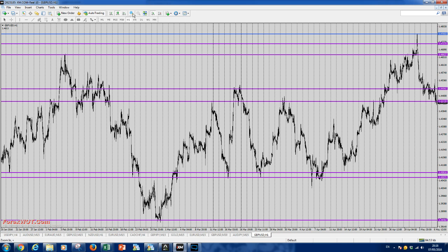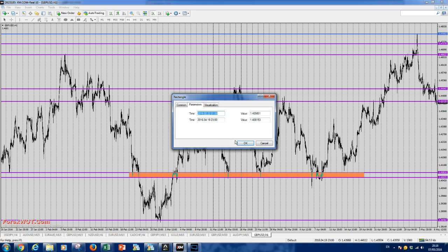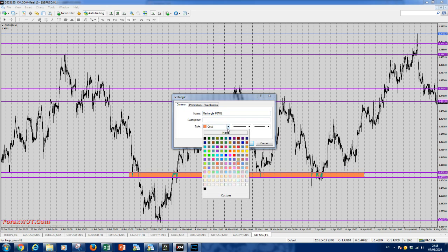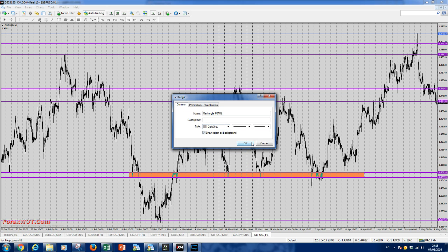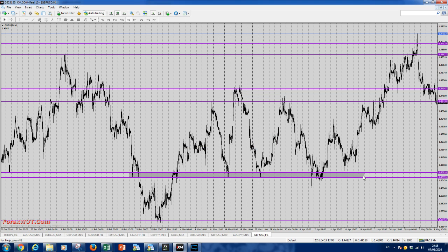Looking at the charts, immediately I can see that this zone here, which I'm going to color in gray, represents a good zone for taking long trades, long positions. If price was to come all the way down here, look, it's come up quite a lot.